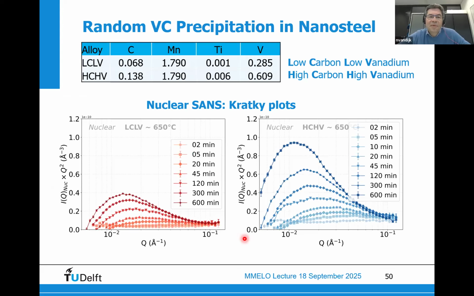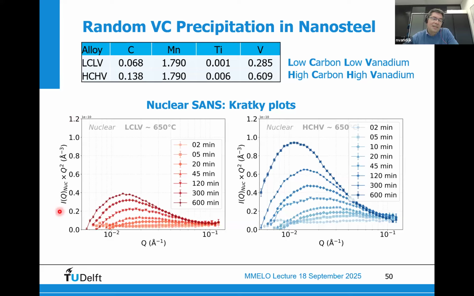So for the alloys that we studied, we have two compositions with two different vanadium and carbon contents. Both are doubled for the high carbon, high vanadium, compared to the low carbon, low vanadium samples.